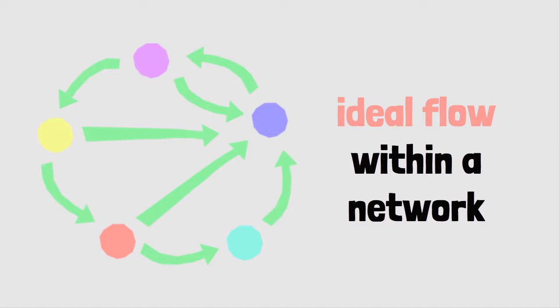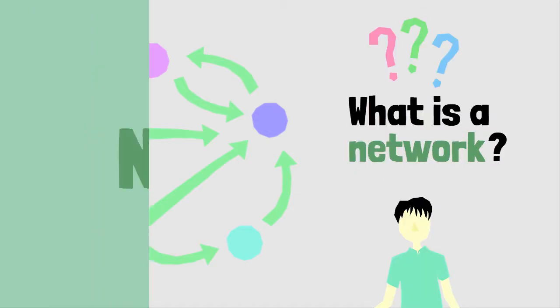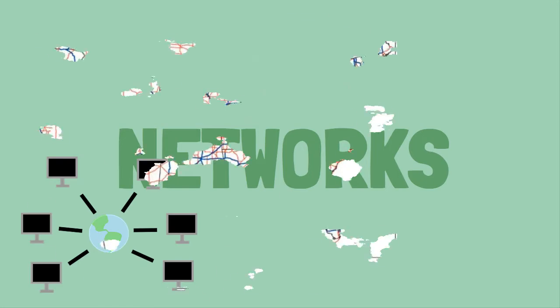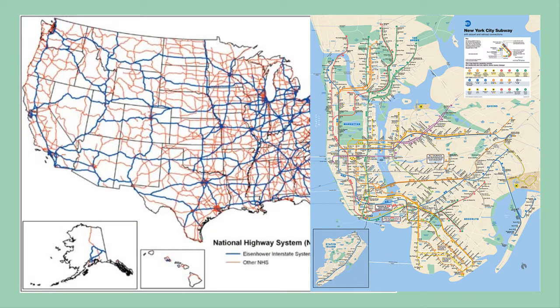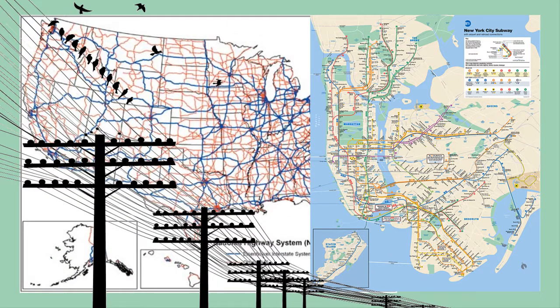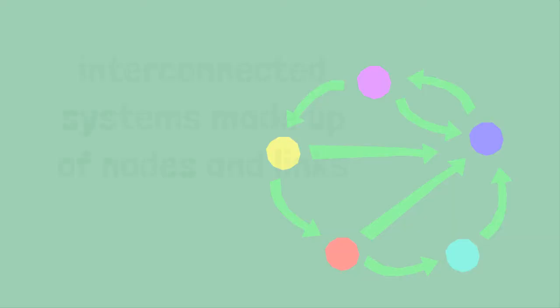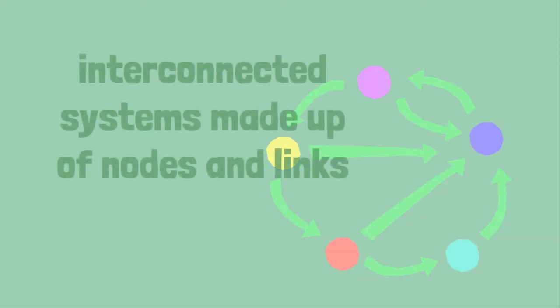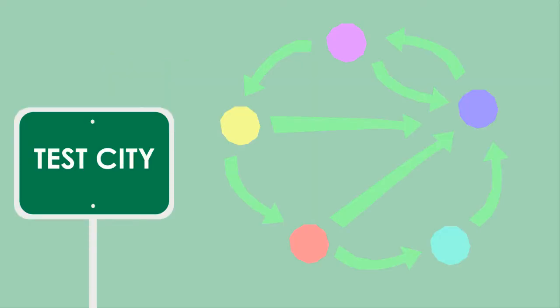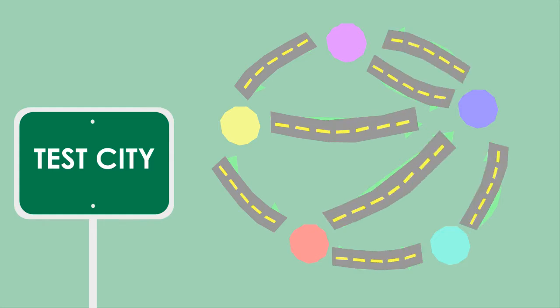The next question is, what exactly is a network? Networks such as computer networks, road networks, rail networks, communication networks, a network of blood vessels, are interconnected systems made up of nodes and links. For example, if we made up a city, it would have a network of roads connecting important places.